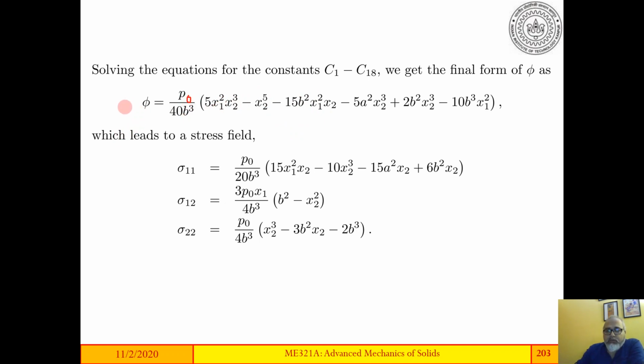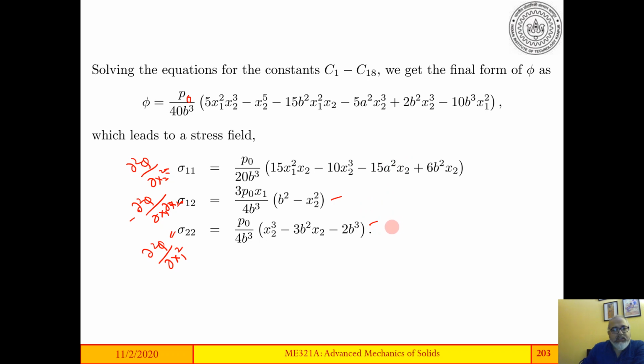So once you've got this phi, you can take the derivatives. This is del square phi del x2 square, this is minus del square phi del x1 x2, and this is del square phi del x1 square. As you can see, sigma 1 1 is there, sigma 1 2 is there, and sigma 2 2 is also there.